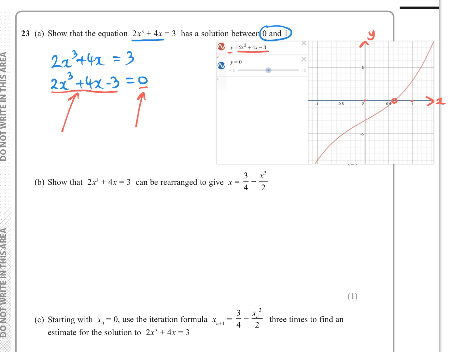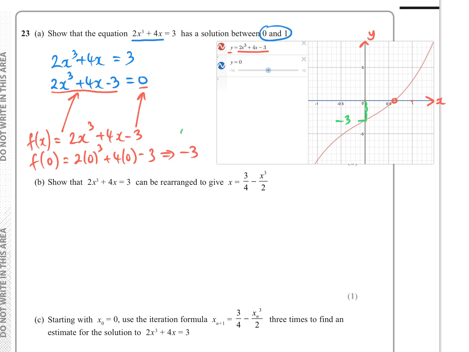And what we would do here is, if we said our function f of x is 2x cubed plus 4x minus 3, if we put 0 into here, we're just going to get 2 times 0 cubed plus 4 times 0 minus 3, which just gives us minus 3. And if we look carefully on here, minus 1, minus 2, minus 3 is exactly where we'd be.